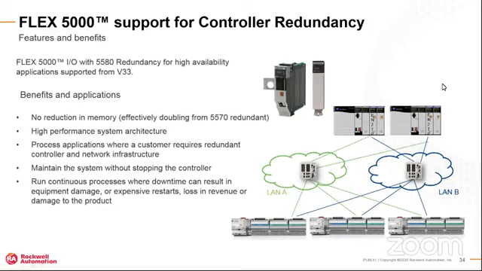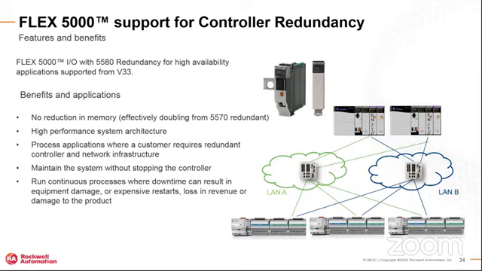The other thing that we'll see with the L8 style design, as part of V33, is support for PRP. Parallel redundancy was introduced around version 30. We introduced redundancy support within the L7 style controller as of version 31.